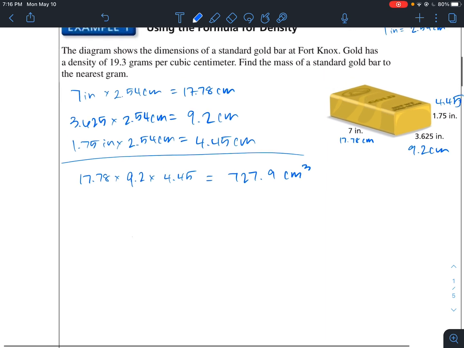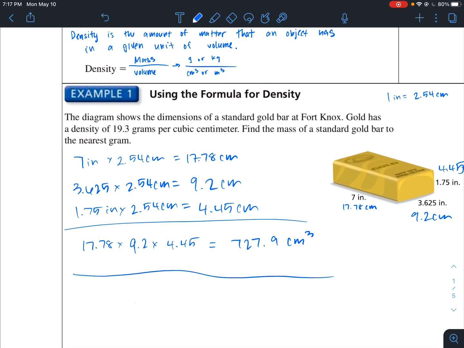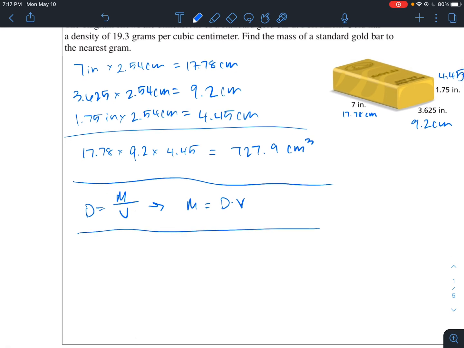Now, let's finish reading what we have. Gold has a density of 19.3 grams per cubic centimeter. Find the mass of the standard gold bar to the nearest gram. We want to find mass, and it gives us the density, and we just found the volume. So density is equal to mass over volume, but we want to find the mass, so in this case, mass would equal density times volume.